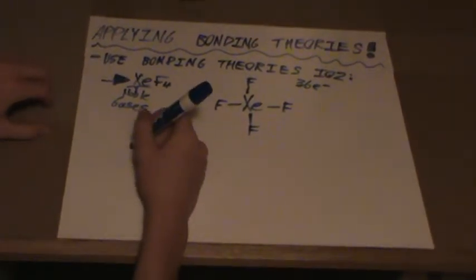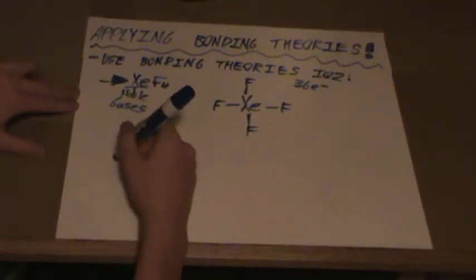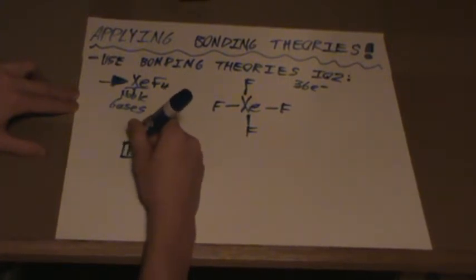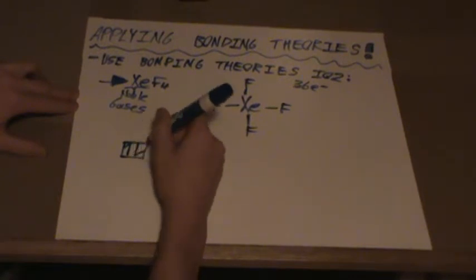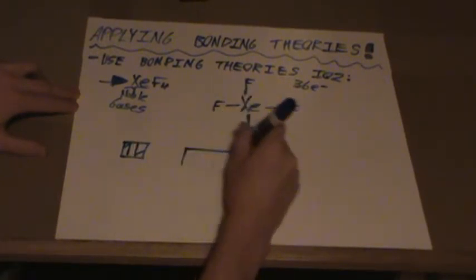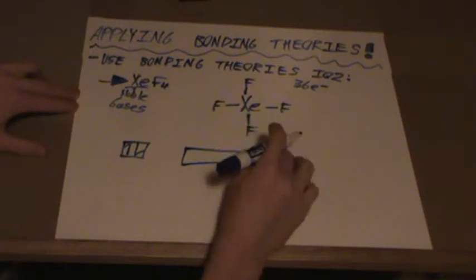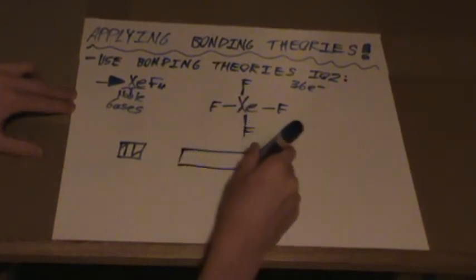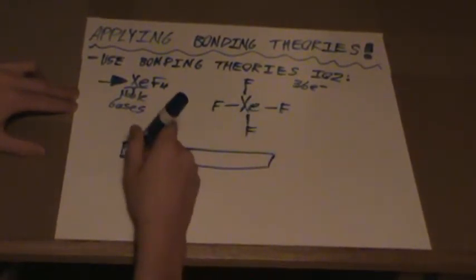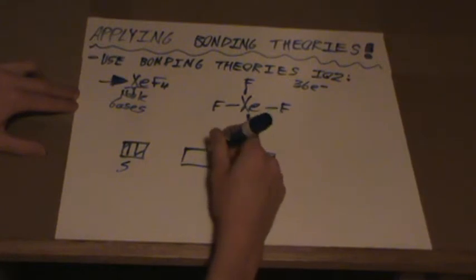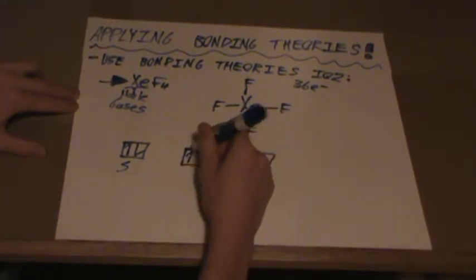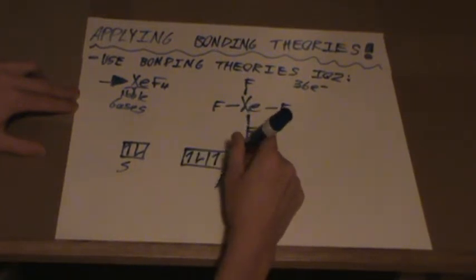Okay, so we have xenon and we draw out its box diagram. That is its S and its P. And as we know, it's a noble gas, so it's got an already stable full outer energy level.